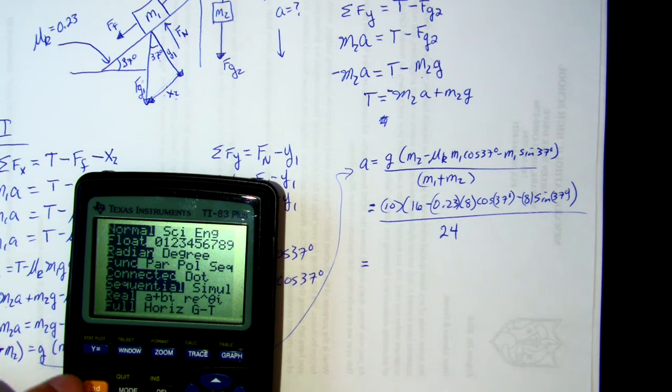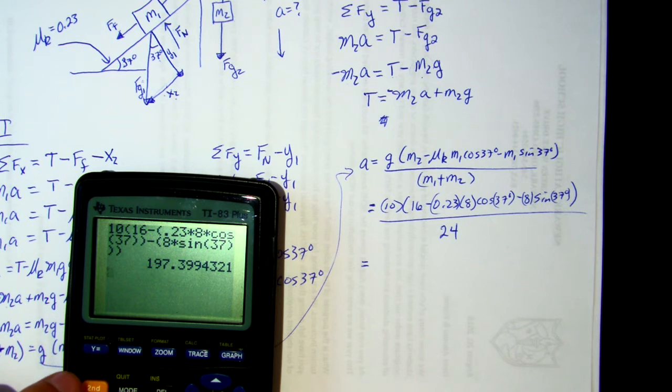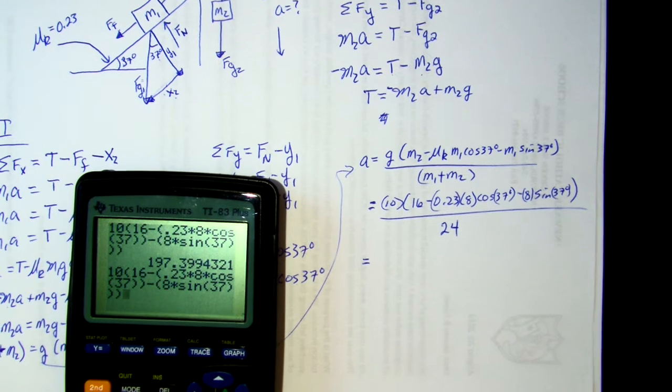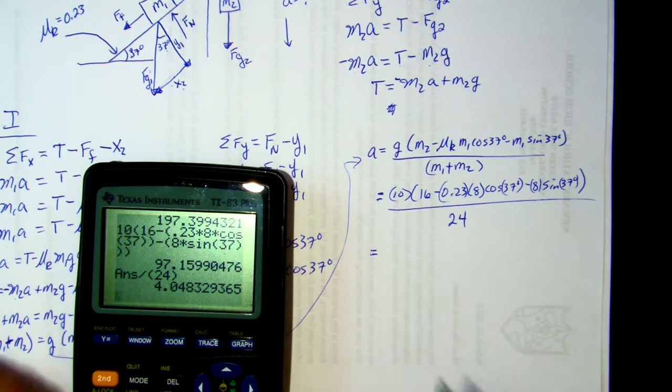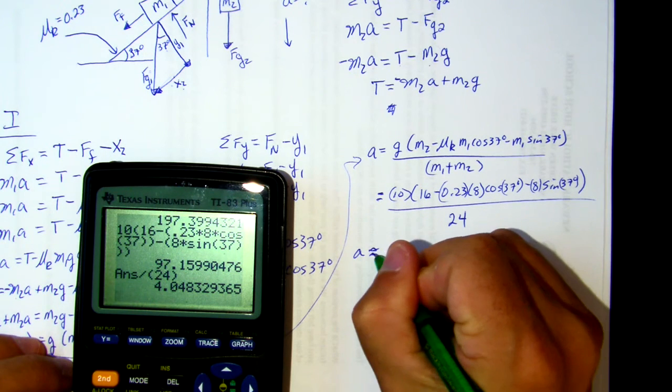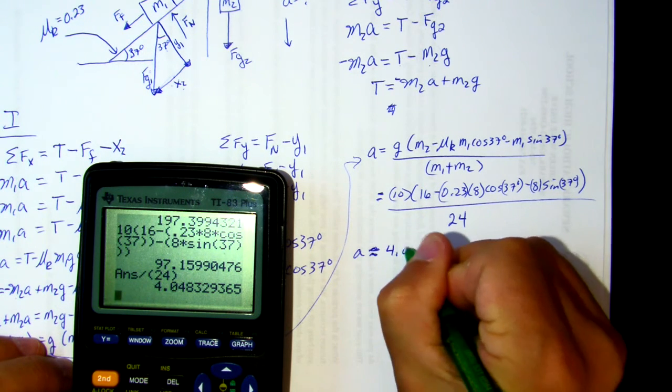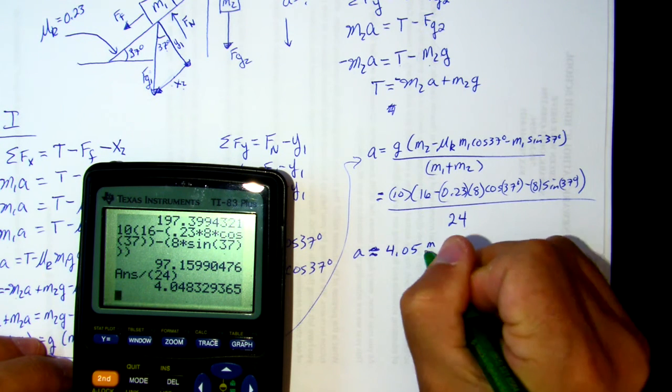Make sure that, see, I was in radians, so I'm going to switch over to degrees. And I'm going to do the same thing. I did second entry, so I didn't have to retype it. All right, so there's the top. We divide that by 24. And we get a is approximately 4.05 meters per second squared.